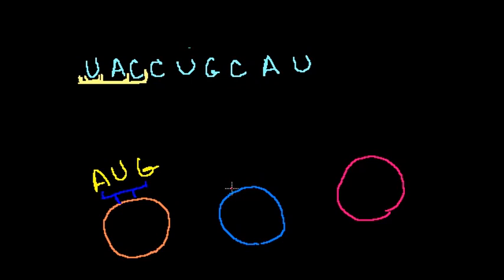And this one right here has, let's say, the code G, G, A, C.